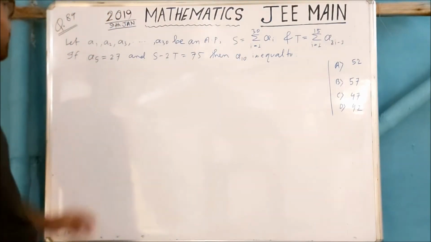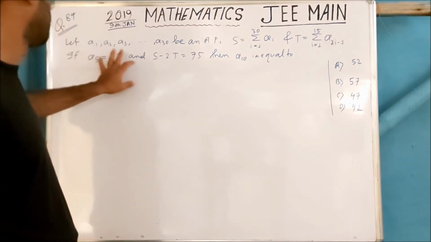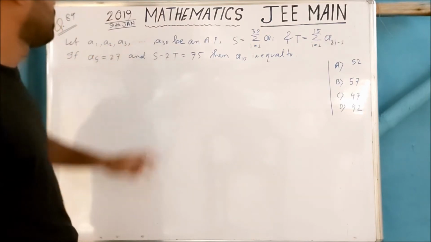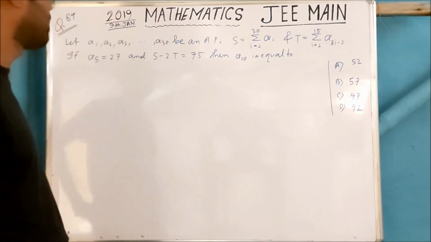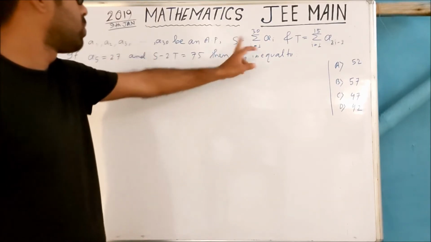So here you see that this element A1, A2, A3, up to A30 being an AP. That means they are in arithmetic progression, and S is equal to this sum.